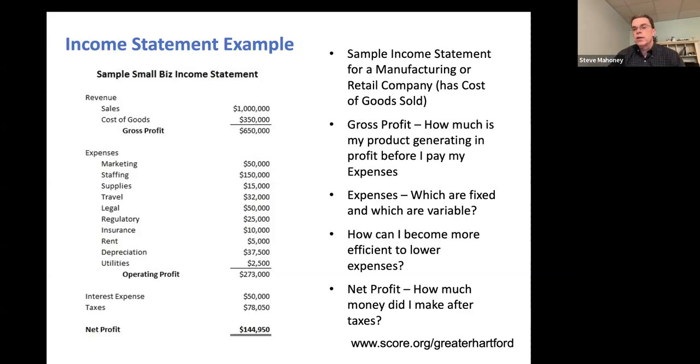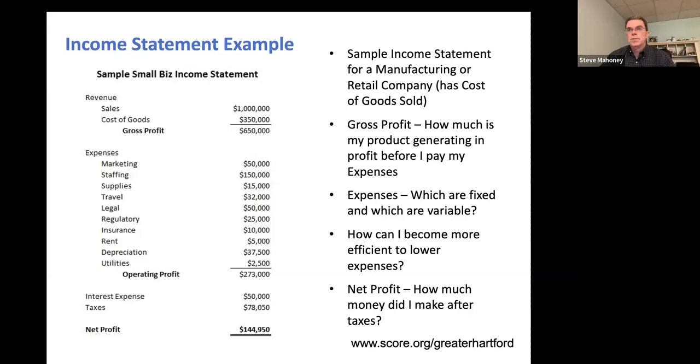So as you're looking at your expenses and thinking about how to best manage them, ask yourself the question, which ones are generating revenue? If they're generating revenue like marketing, or they are needed to service your customers like staffing, you might want to be careful about reducing those because it could have an impact on your top line revenue.